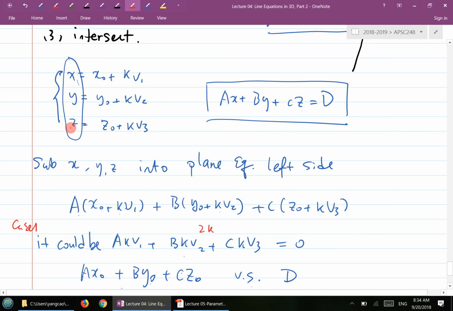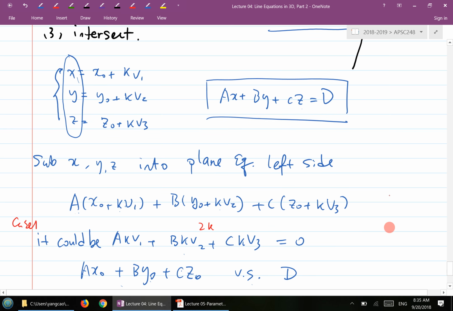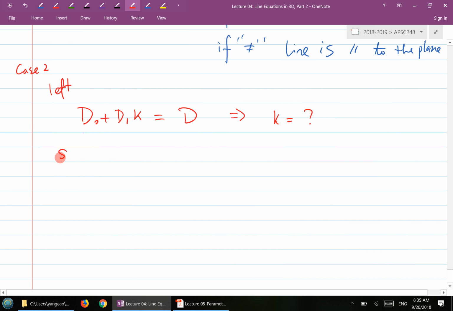Clear? Good. So substitute k back into the line equation, and we get the intersection point.